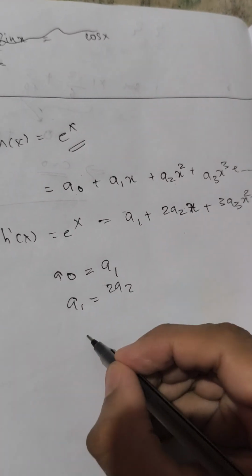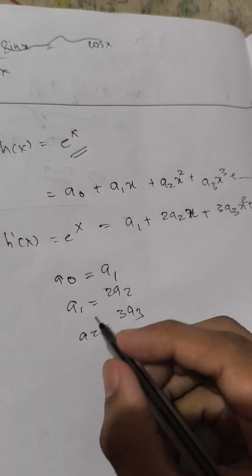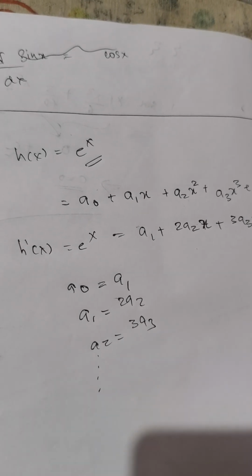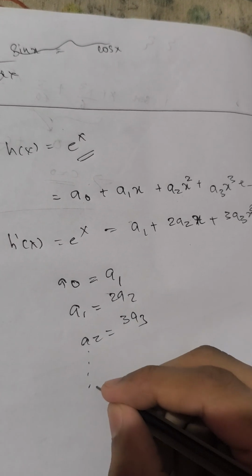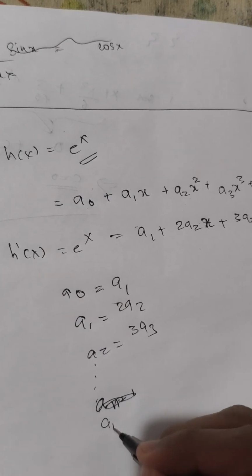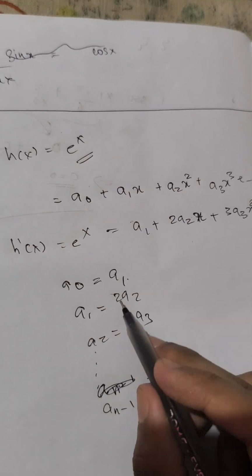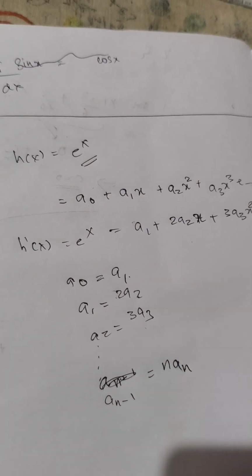That's equal to 3a3. So from this, in extension, we can say that a(n-1) is equal to n times an, from following this logic.